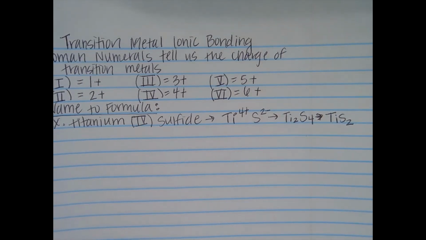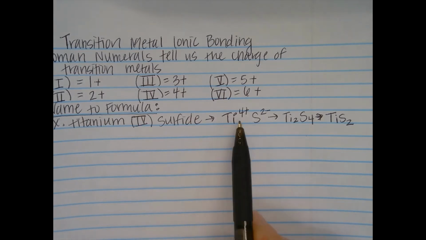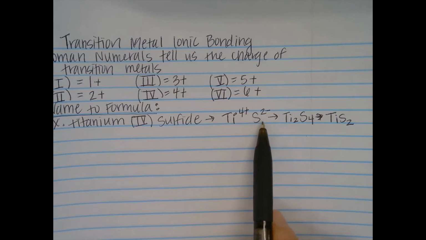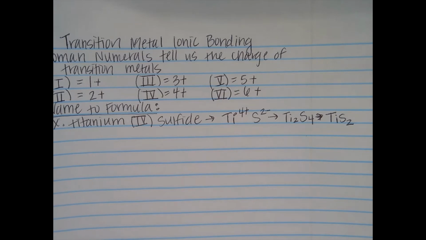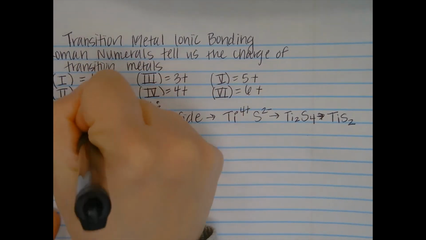We need a neutral compound; that's why all of these ionic compounds work the way they do. So 4 plus and 2 minus, I need another 2 minus to add up to 0. So 4 plus, a 2 minus, plus a 2 minus gives a net neutral compound. That's why the reducing happens: you need the lowest ratio that gets you that neutral compound.